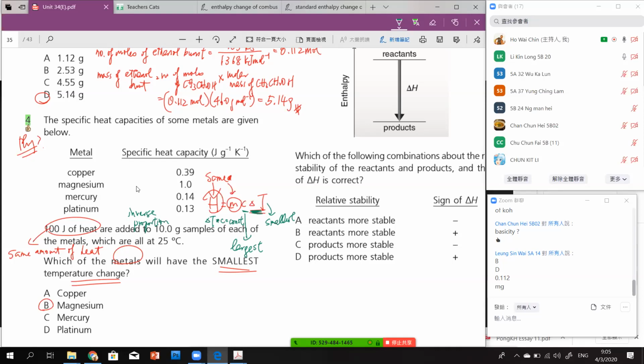It seems like today we are teaching you mathematics. Inverse proportion. You understand? So that's why, to find which one has the smallest temperature change, you are going to look for the largest specific heat capacity. Understand?